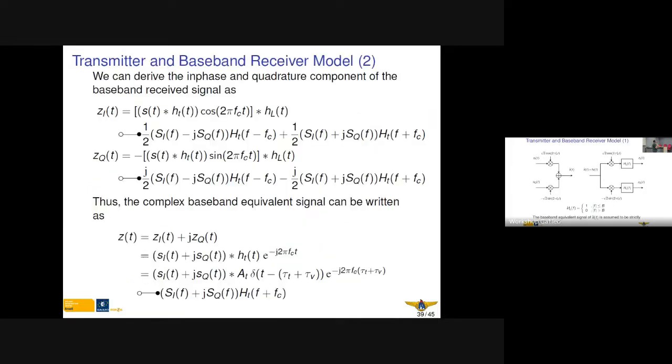Yeah, and when we calculate the down conversion and apply the low pass filter, we can reformulate everything, where we then in the end arrive with the complex baseband equivalent signal in frequency domain, S_I of f plus j S_Q of f, and then the tropospheric transfer function shifted from the passband, applied in the passband, because the propagation effect happens in the passband.